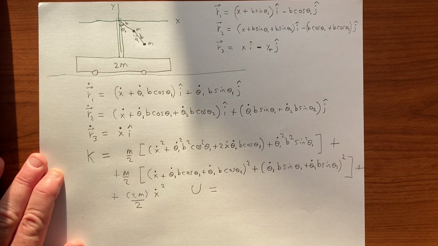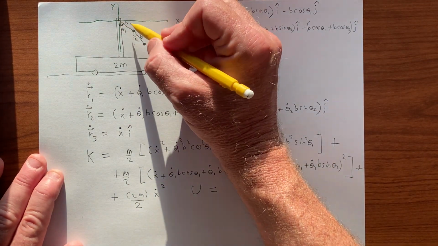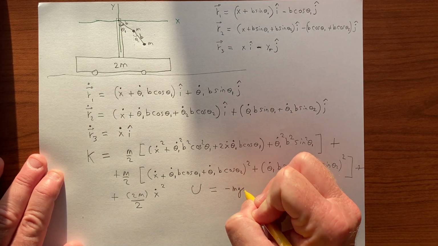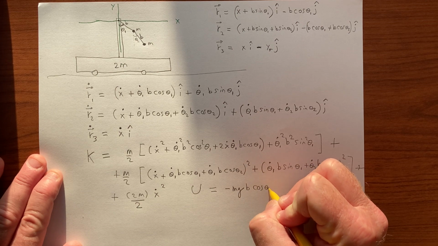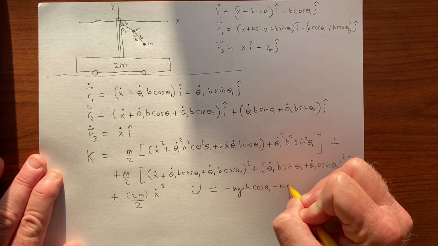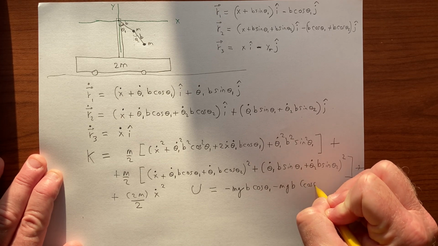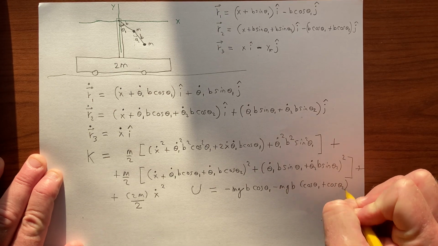And the potential energy is, our reference point is here, and the objects are below that. So we have minus mg b cosine theta 1 minus mg b cosine theta 1 plus cosine theta 2.